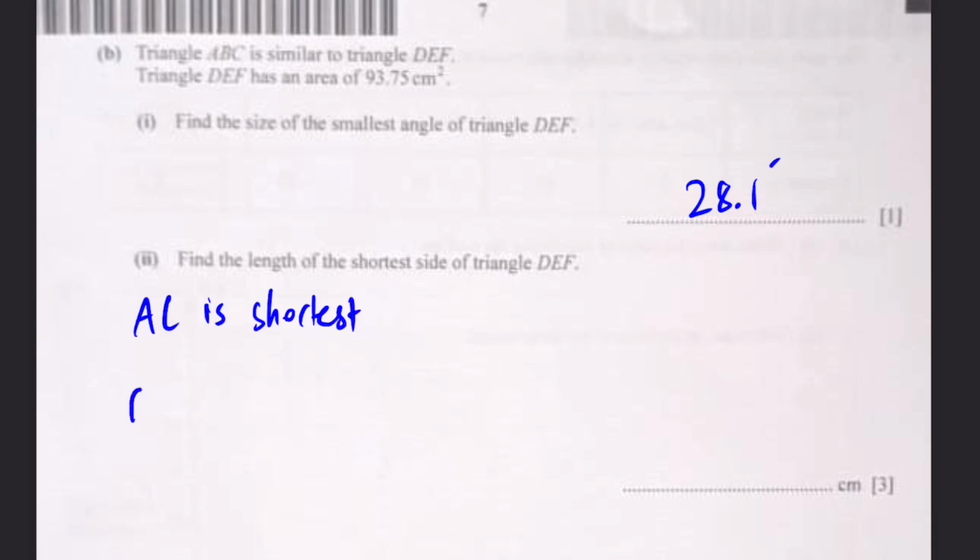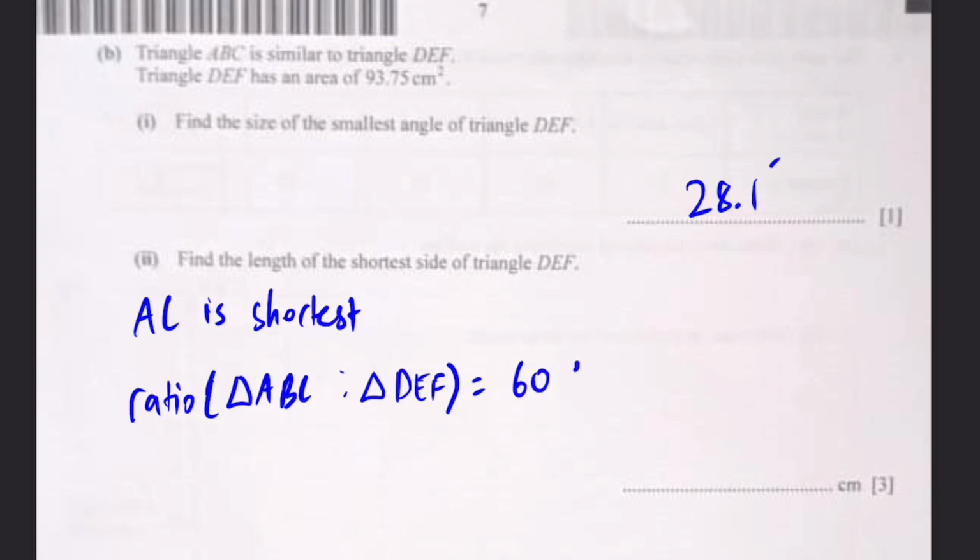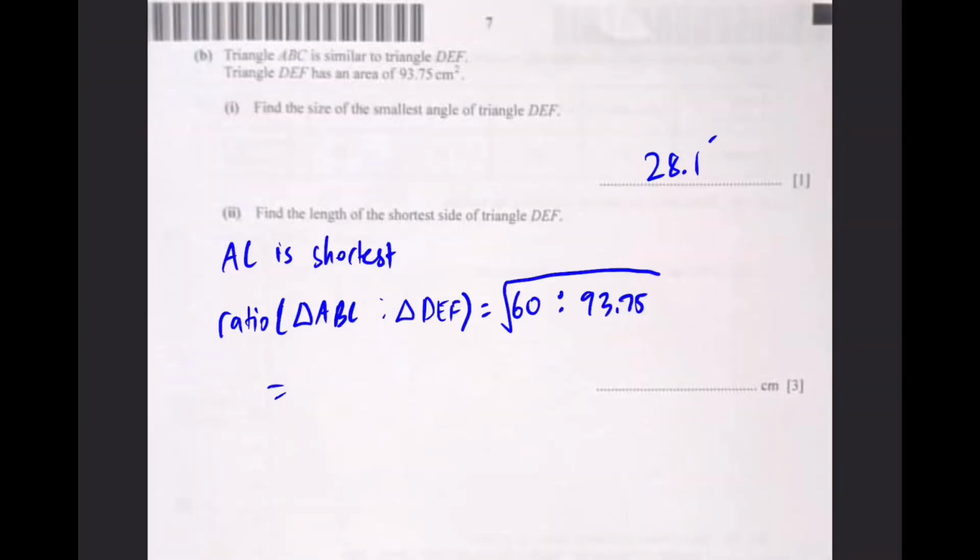And now to find the ratio of triangle ABC to triangle DEF. That'll be equal to 60 is to 93.75, and then you square root the whole thing. After you simplify the ratio, 60 is to 93.75, if you multiply both sides by 4 by 3, you get 80 is to 125.